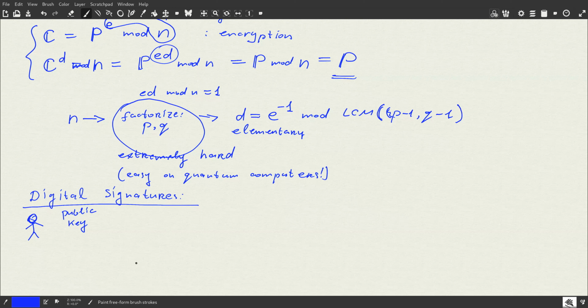You prove that you also hold a private key, without revealing the private key.